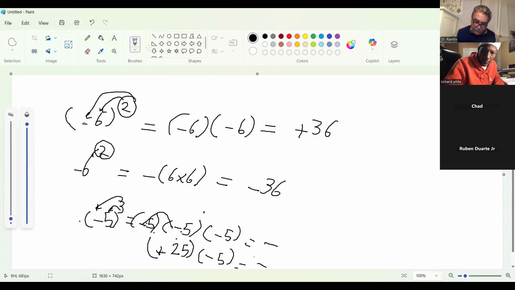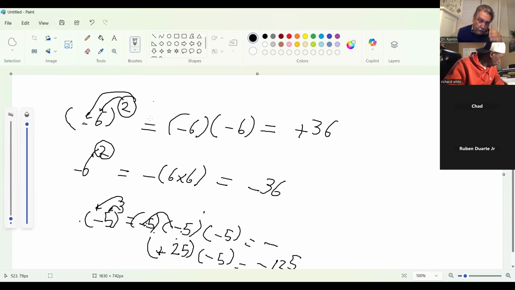Negative. 25 times 5 is 125. You follow? So you just have to keep in mind where that exponent is. Does it apply to both the sign and the digit, or only to the digit? You got to be careful about that.